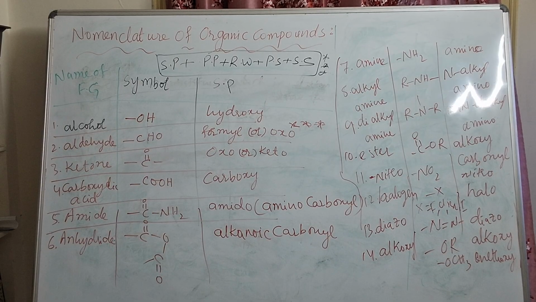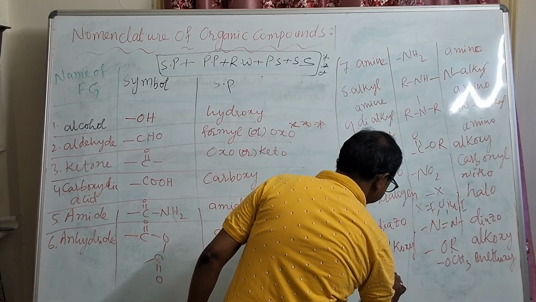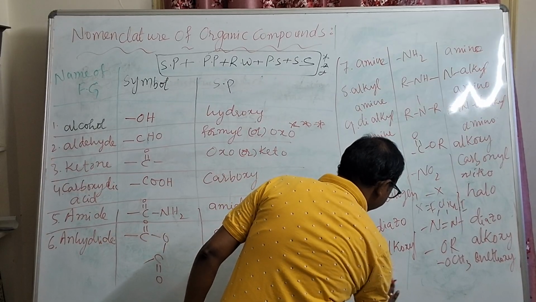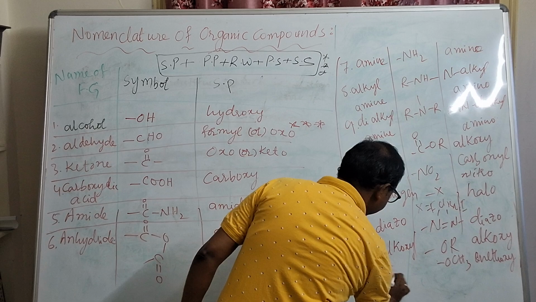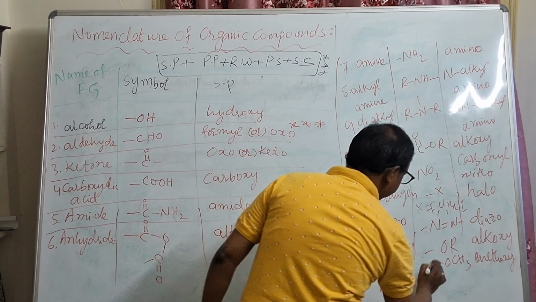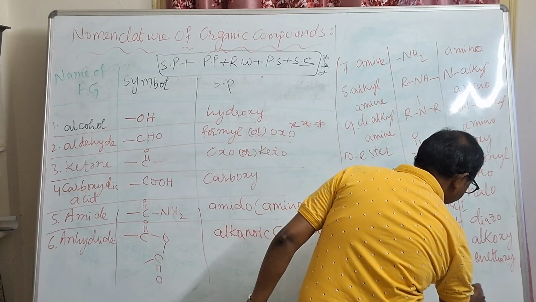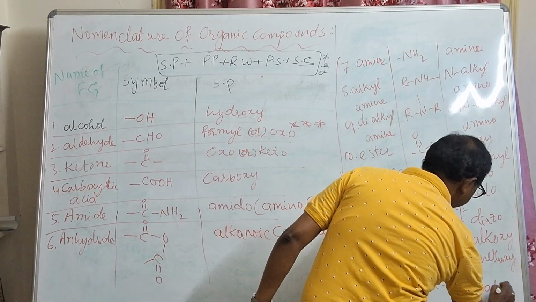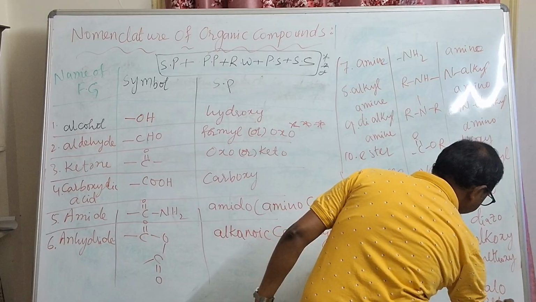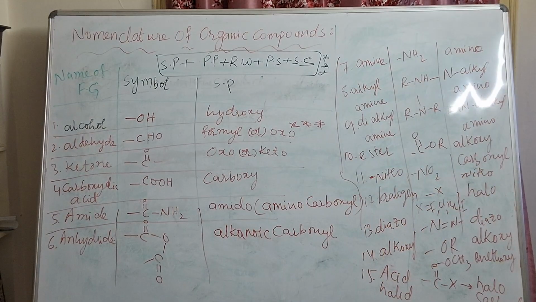Next one, 15th, C double bond OCl. Acyl halide, acid halides. Acid halide means C double bond OX. Halocarbonyl. We call it halocarbonyl.